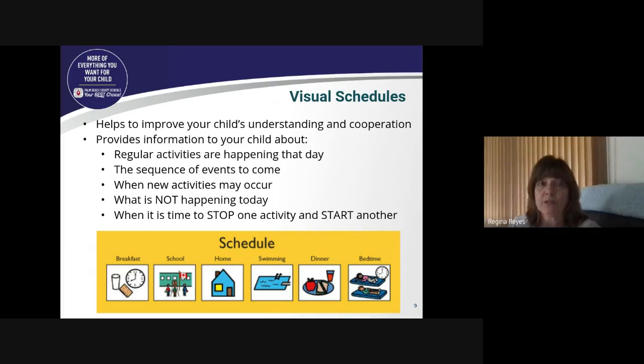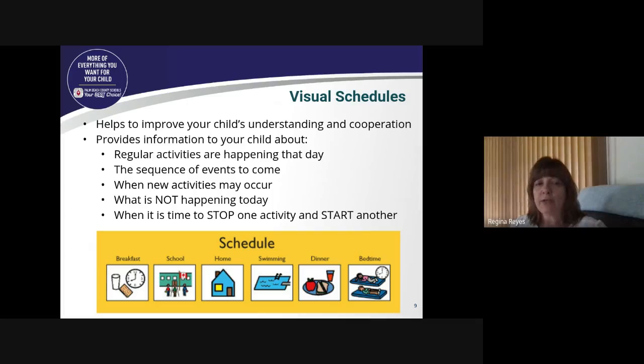Visual schedules. They can help to improve your child's understanding and cooperation. They provide information to your child about a number of things: regular activities that can happen throughout their day, the sequence of events that are going to occur, what new activities may also occur, what is not happening today, and when it is time to start one activity and when it is time to stop one activity and start another.